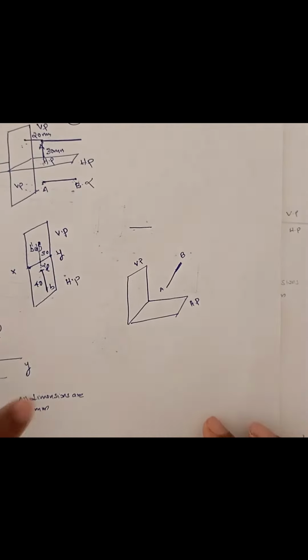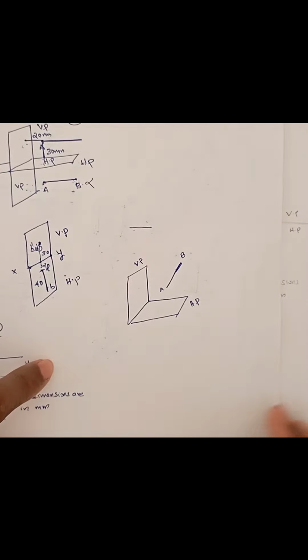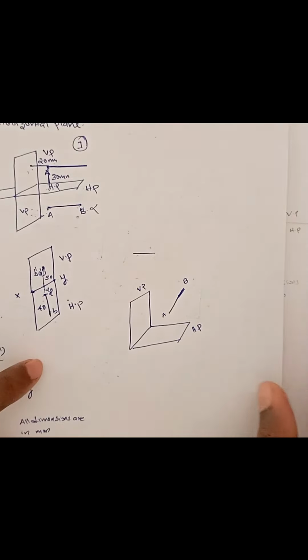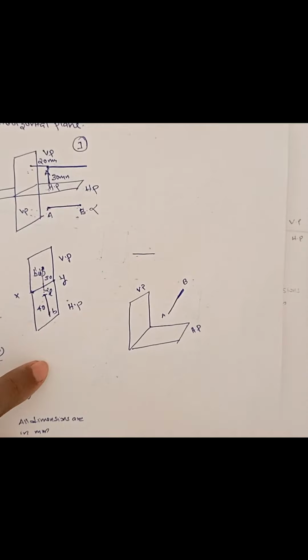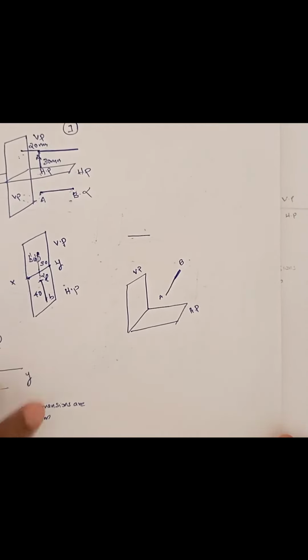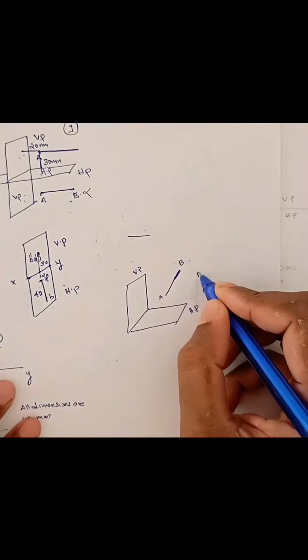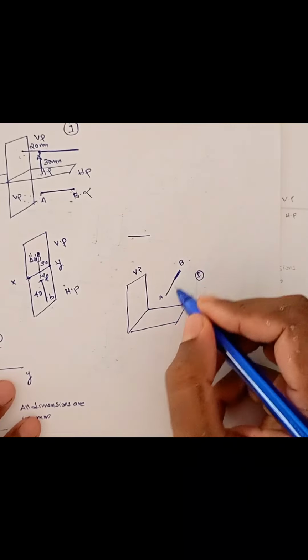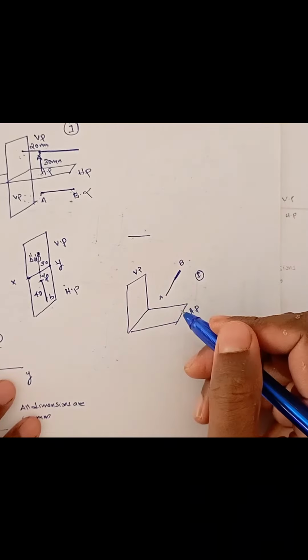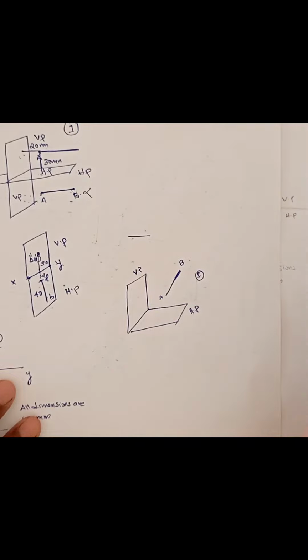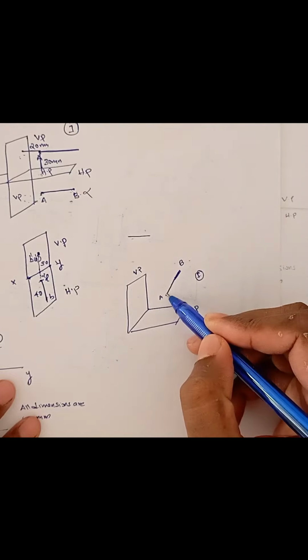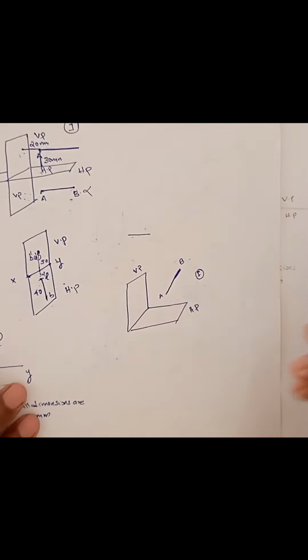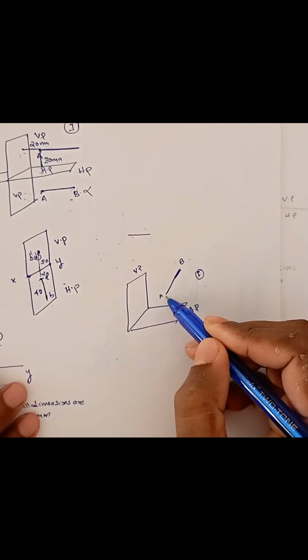In the second part of this question, it's also asked to draw its traces. So you have to understand what a trace is. Suppose this is in the first quadrant. This is a line AB which is inclined to both planes, HP and VP. I am going to extend this line.